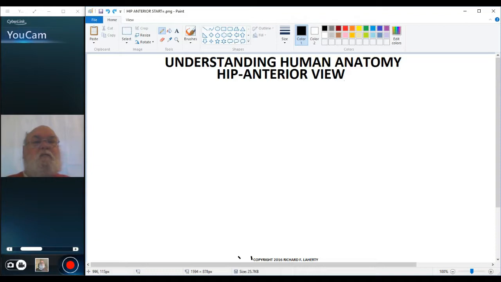I'm going to start by sketching in the sacrum, like so. And I will sketch in the anterior sacral foramina.